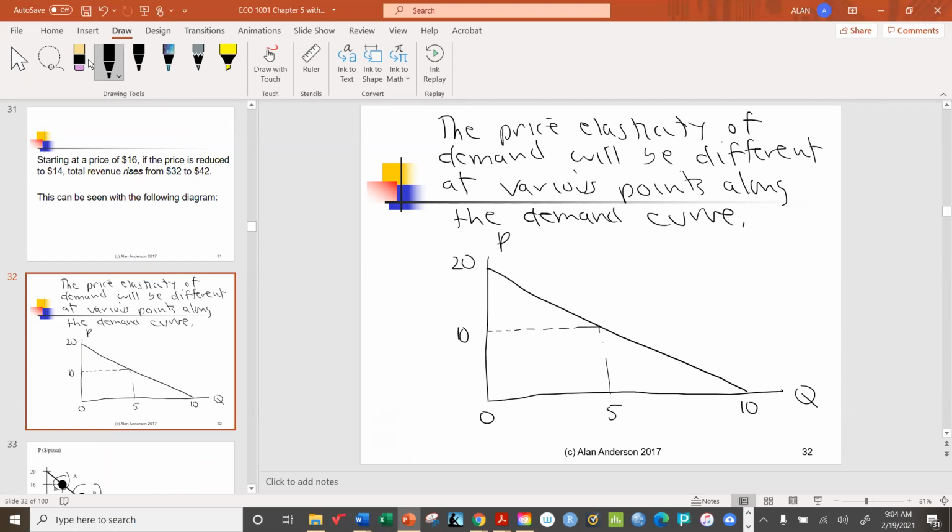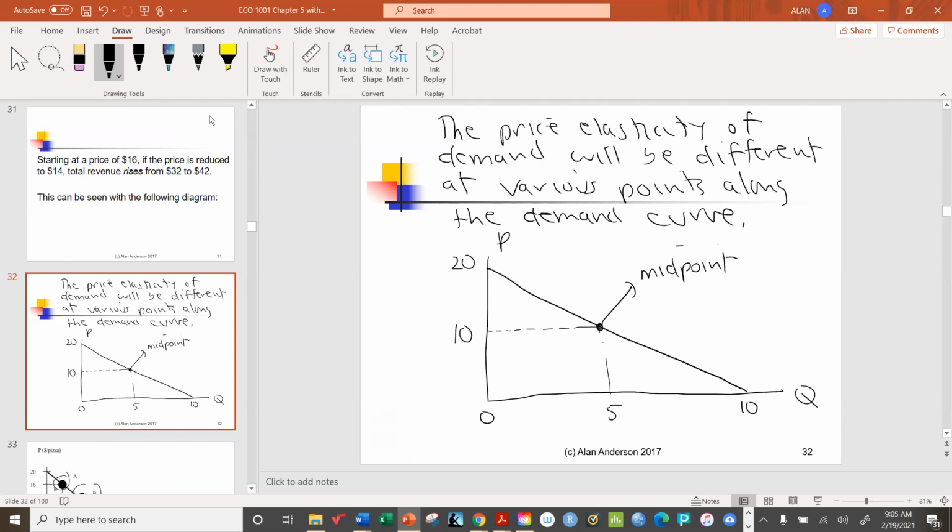If you look at this graph very carefully, you'll see that this point is the midpoint of the demand curve. What do I mean by that? On the vertical axis, 10 is halfway between 0 and 20, and on the horizontal axis, 5 is halfway between 0 and 10.